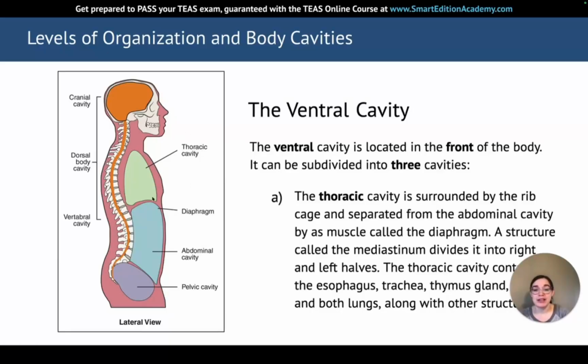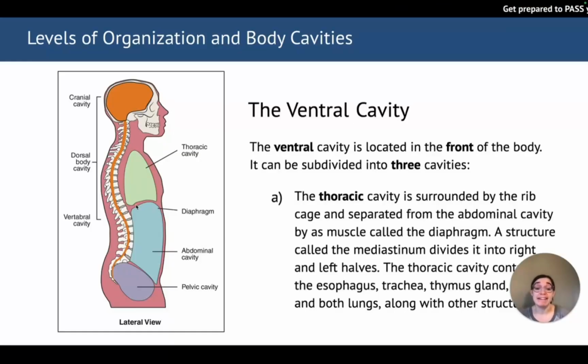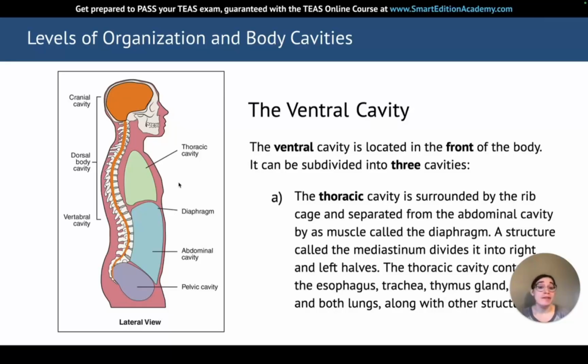It's surrounded in the front and on the sides by the rib cage, and it's separated from the abdominal cavity underneath it by a muscle called the diaphragm, as you can see illustrated here. There is also a structure within the thoracic cavity called the mediastinum that divides it into right and left halves. The thoracic cavity contains many essential organs, including the esophagus, the trachea, the thymus gland, the heart, and both lungs, along with other structures.